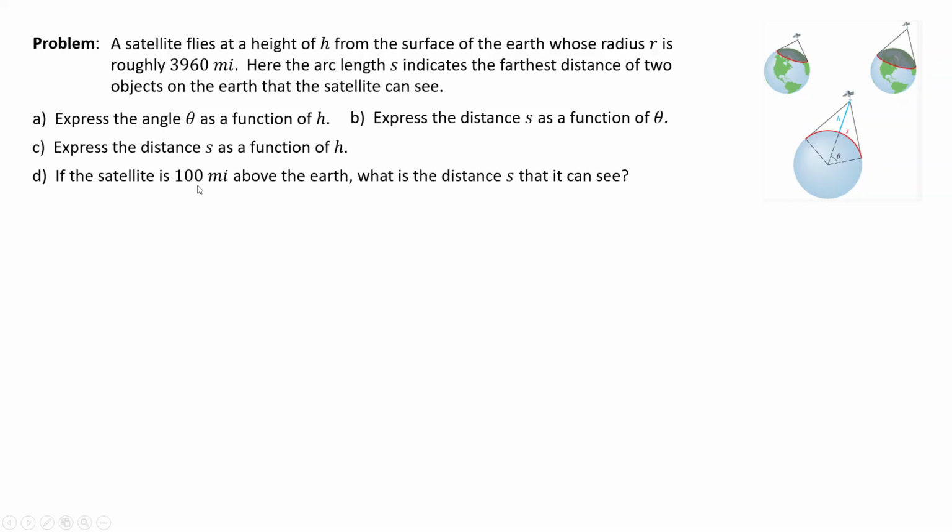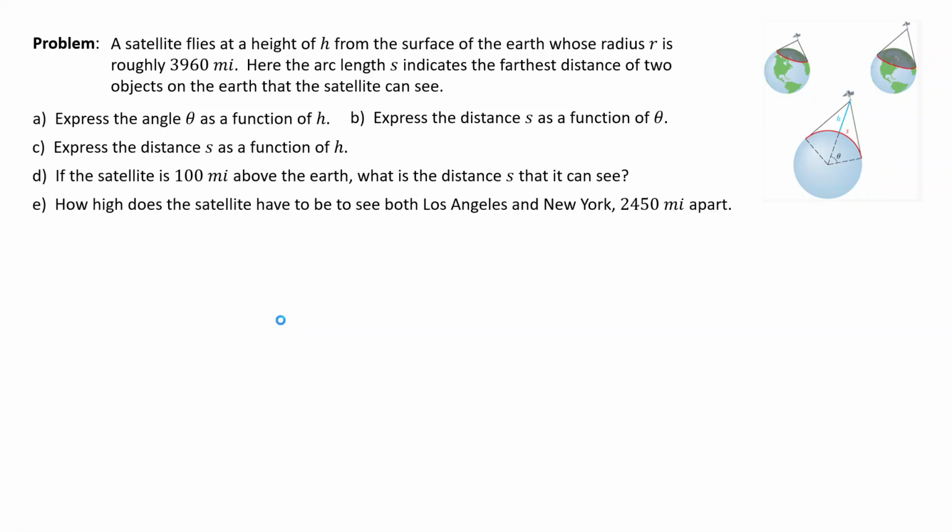If the satellite is 100 miles above the Earth, what's the distance s that it can see? 100 miles above the surface of the Earth. And then they ask, how high does the satellite have to be to see both Los Angeles and New York, 2450 miles apart?